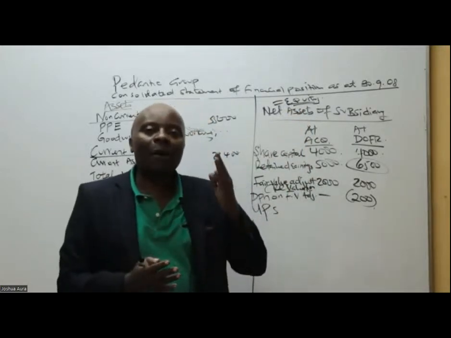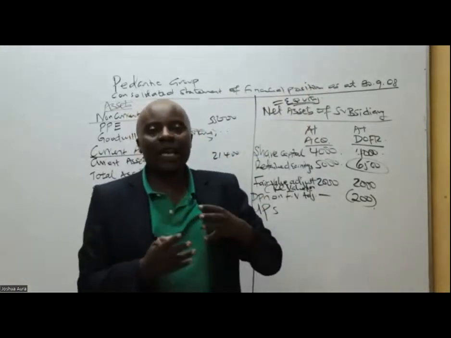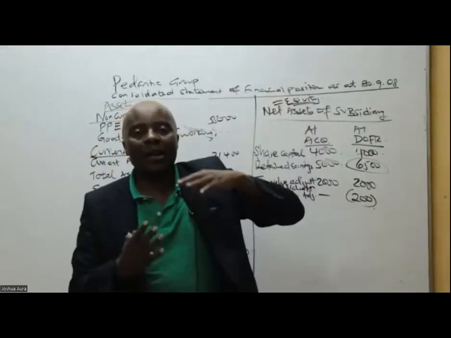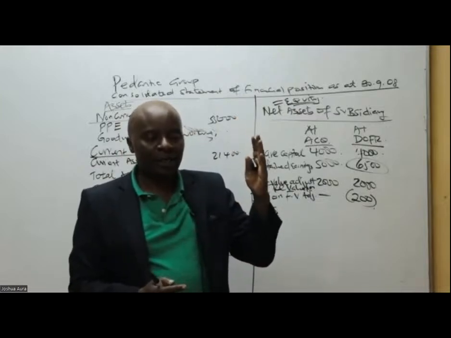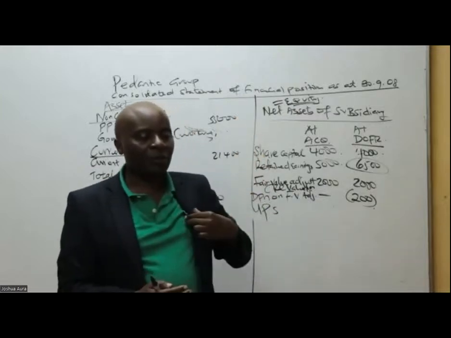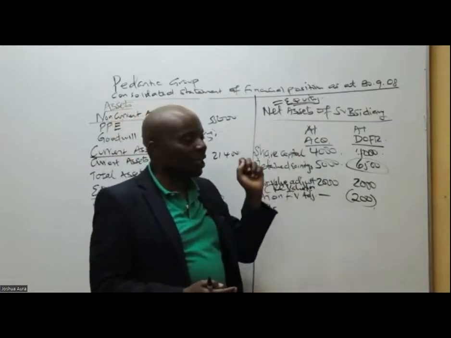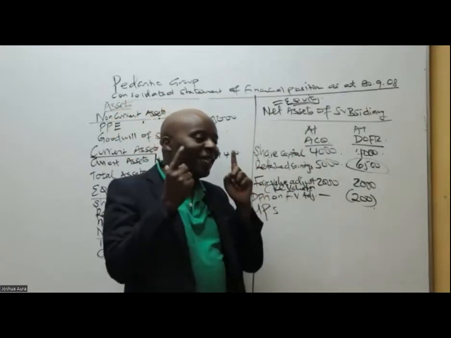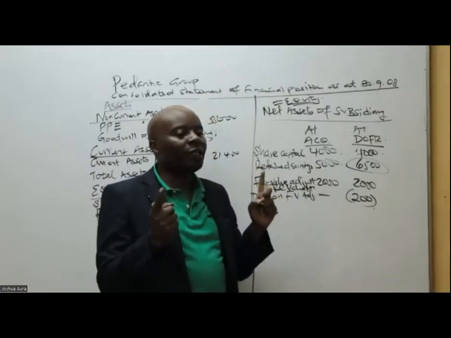If it's an upward transaction, upward from the subsidiary to the parent, and the subsidiary made the sale, then UPS must be brought under net assets of the subsidiary because the net assets of the subsidiary have been overstated.